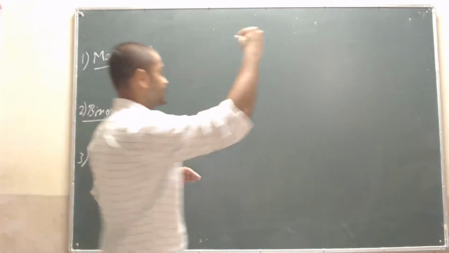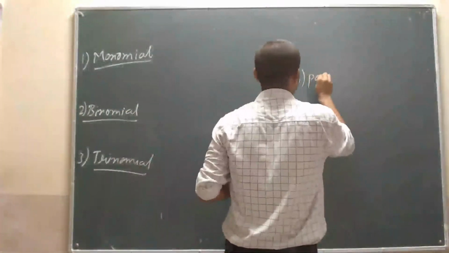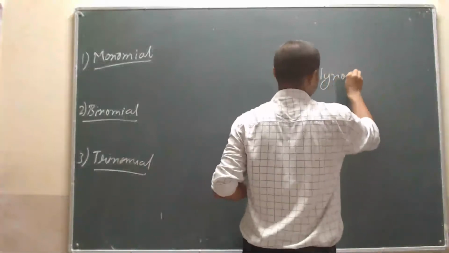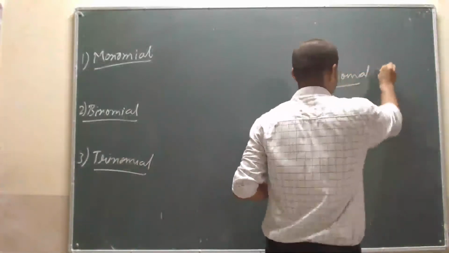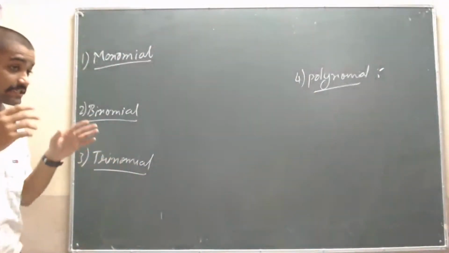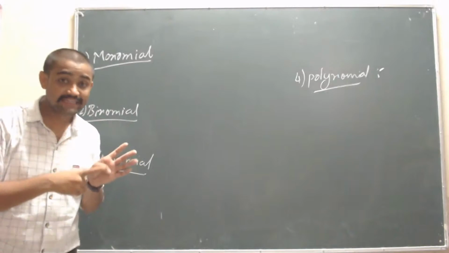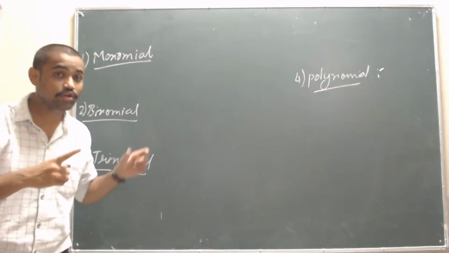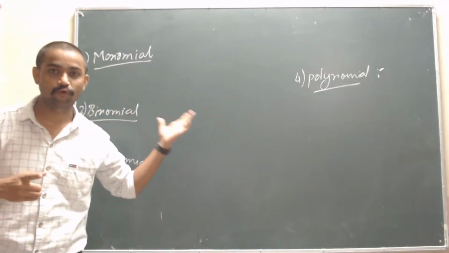And fourth one, polynomial. If you have understood the terms factors and coefficient, then only you will understand these four.